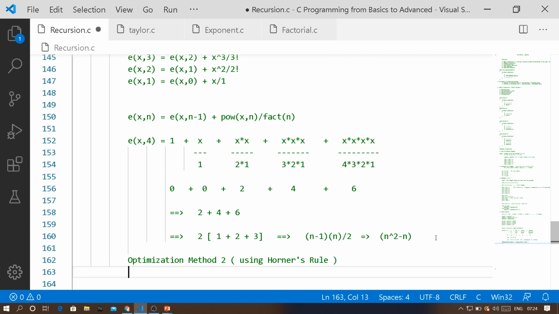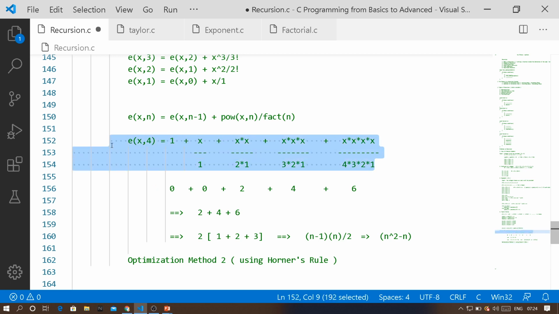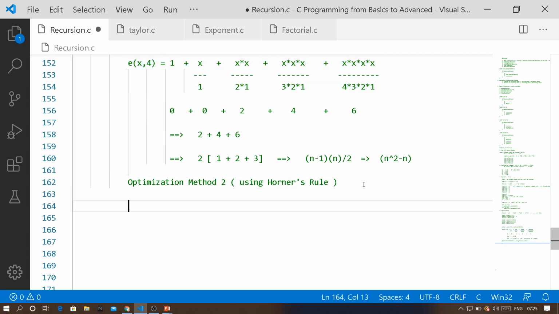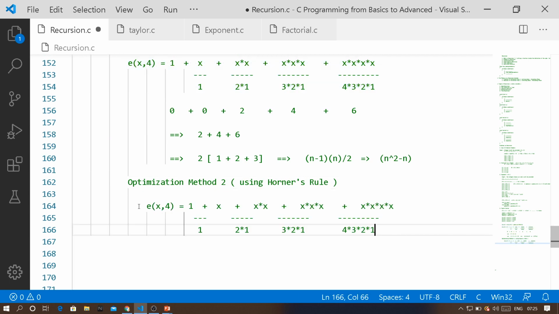First of all, we will expand the given expression, for example e of 2 power 4, and then we will see what Horner's rule is. We already have the expansion of e of x comma 4.